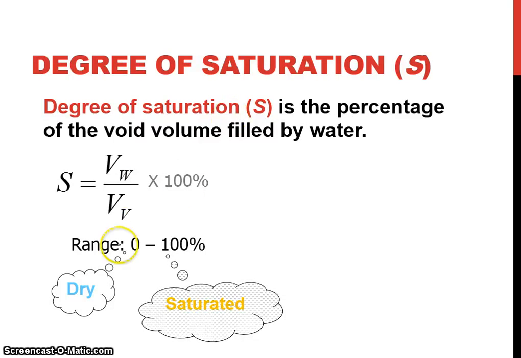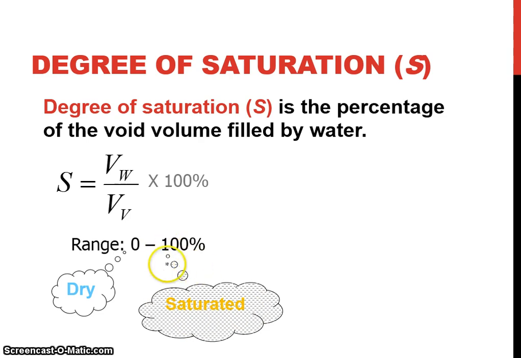Okay, a little bit more about the degree of saturation. Saturation is always important for us as engineers, knowing how much water is filled up in a soil. It could be a dry state, 0, and it could be 100% filling up the voids, the state of saturation.